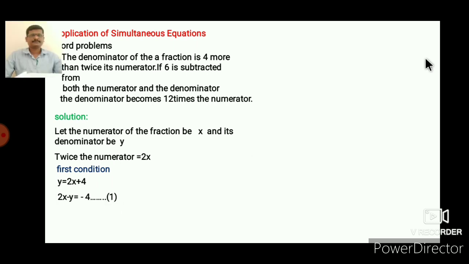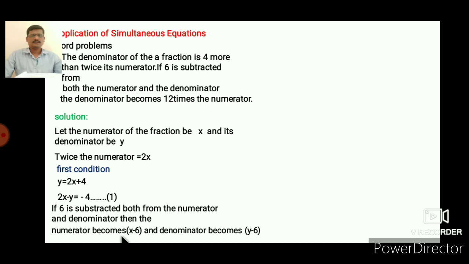Next condition is, if 6 is subtracted from both the numerator and the denominator, then the numerator becomes x minus 6 and the denominator becomes y minus 6.